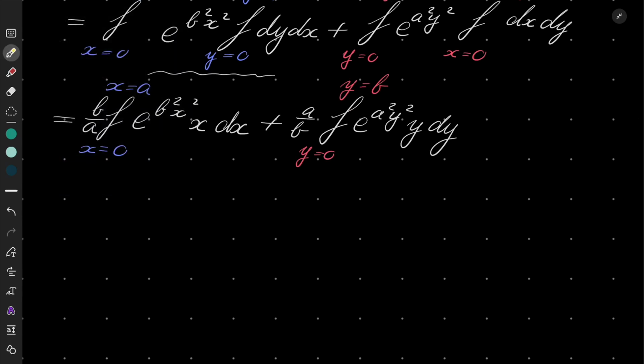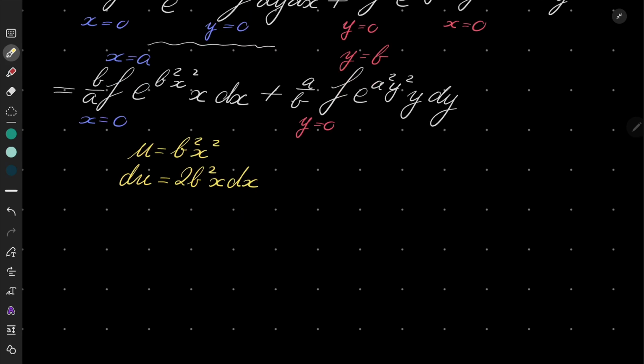Namely, in the first integral, I will substitute u equals b squared x squared. Then du becomes 2b squared x dx, which means, of course, that x dx is du over 2b squared.